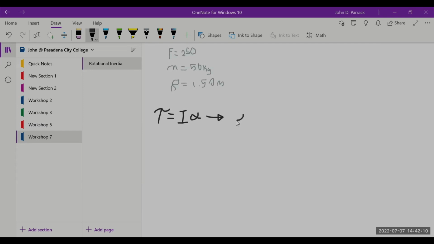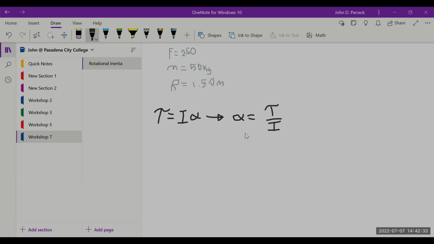So let's get alpha on its own. The way I'm going to do that is I'm going to just divide both sides by I. So I'm going to have the torque divided by the rotational inertia is going to be equal to the angular acceleration. Tau over I equals alpha.